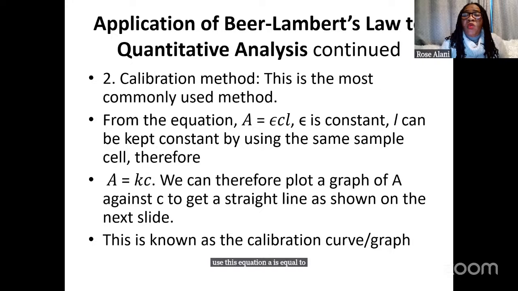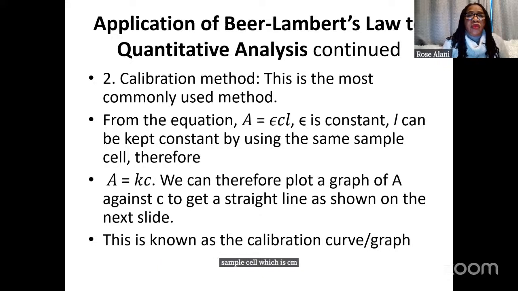It depends on what you're given and what you're asked; then you will know which of the two relations you're supposed to use. So in this case, you use A is equal to ECL. E is constant, and L can be kept constant by using the same sample cell, which is 1 cm.